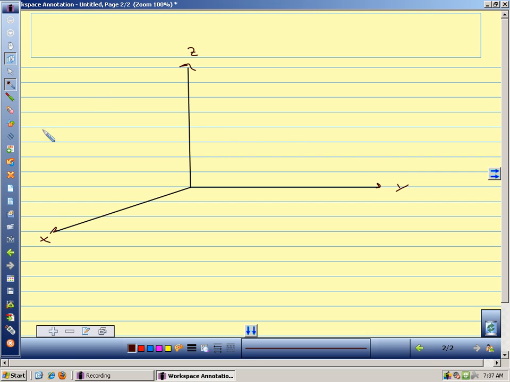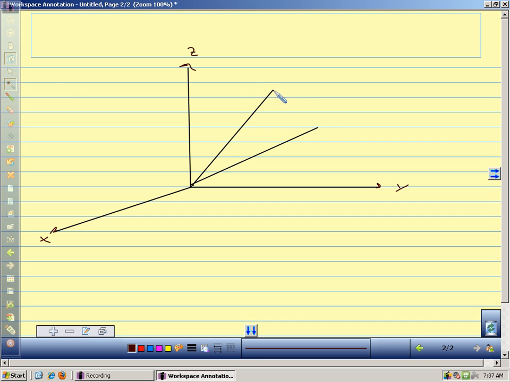So what I'm going to do with this is we're going to come up here like so. And my little element of volume is going to be here. Like so.